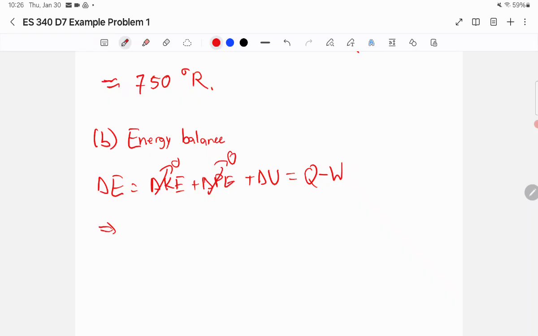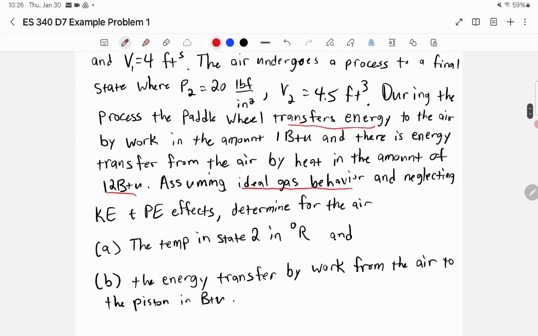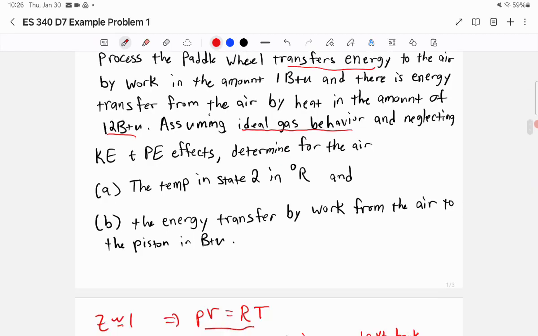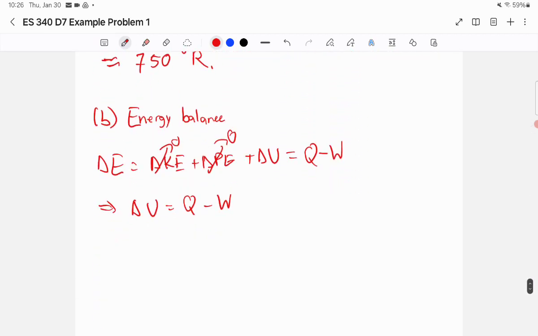So this just means that delta U is equal to Q minus W. And what we're looking for in part B, remember, is what the work is that's being done. So that just means that W has to be equal to Q minus delta U.